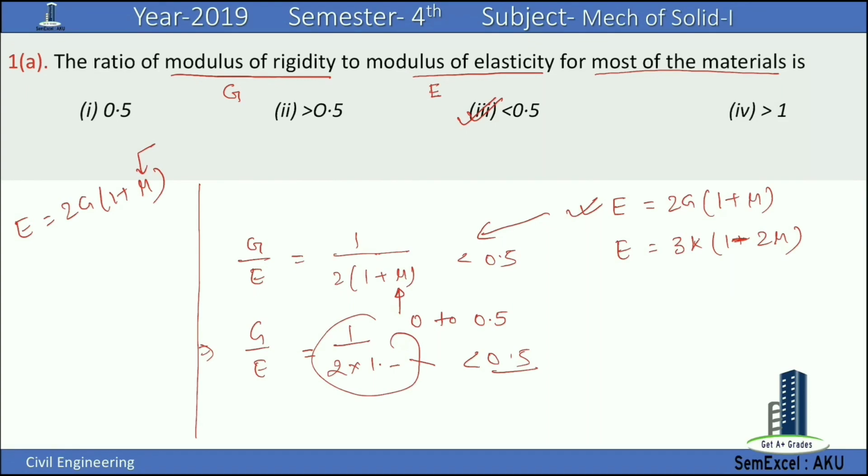Here mu is known as the Poisson's ratio. Its value is in between 0 to 0.5 for most of the engineering materials. The other formula is E is equal to 3K into 1 minus 2 mu. This K is known as the bulk modulus.